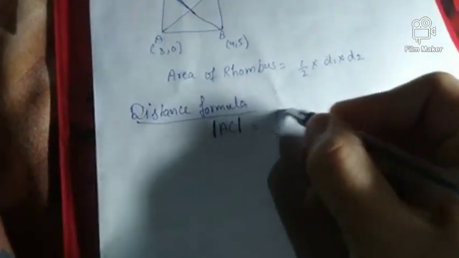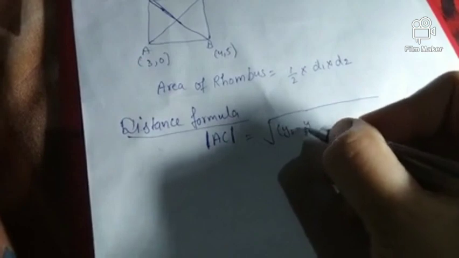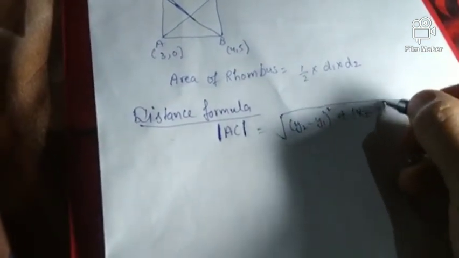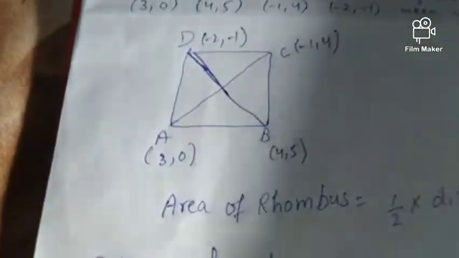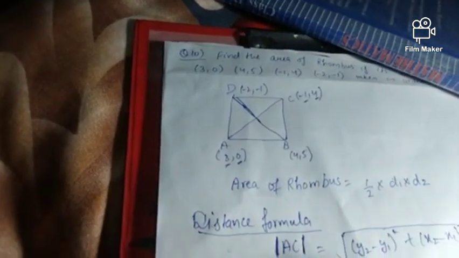This is equals to root of y2 minus y1 square plus x2 minus x1 square. So this will become that, yes, this is the y2, this is x2, this is x1, y1. Now put the values.